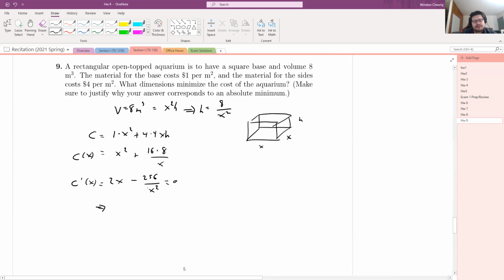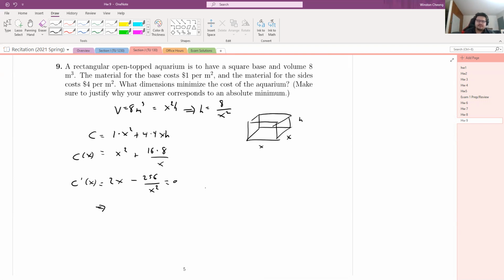Here, one thing I want to warn you about is that if you move the fraction to the other side and multiply by x squared to solve, implicit in that, you're assuming x is not equal to 0. And that approach has a tendency of making you forget one of the critical points, which may matter in some problems.